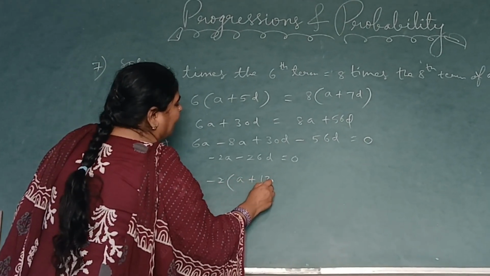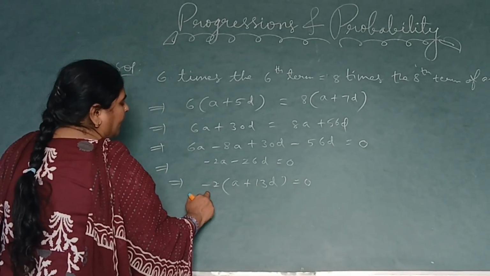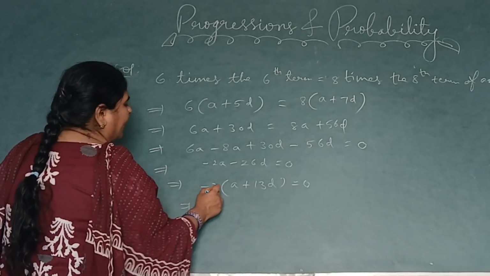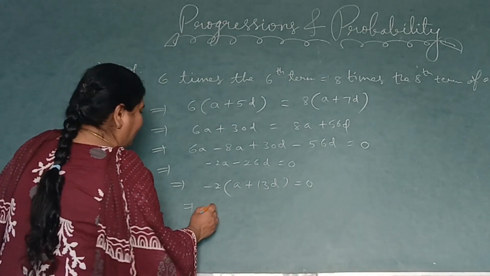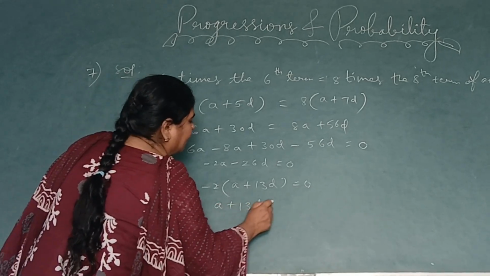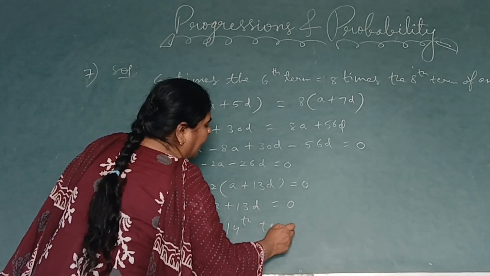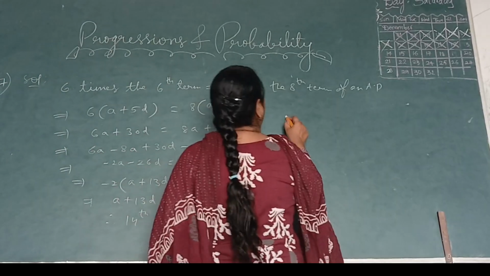So a plus 13d we will get, because minus 2 into a is minus 2a, minus 2 into plus 13d is minus 26d. So when minus 2 is sent to that side, we will get 0 by minus 2, that is 0 itself. So a plus 13d is 0. Therefore the 14th term is 0.